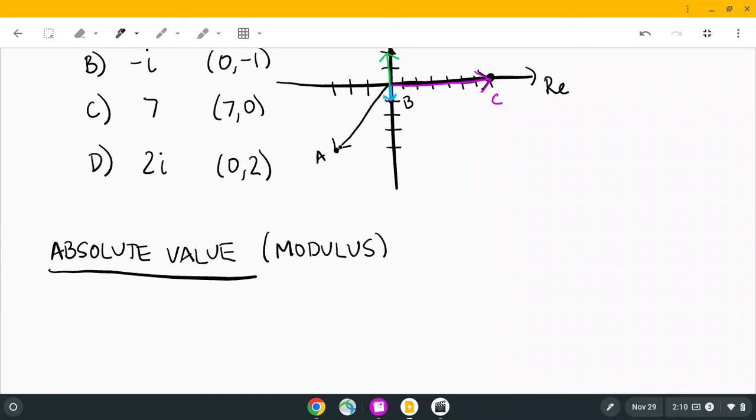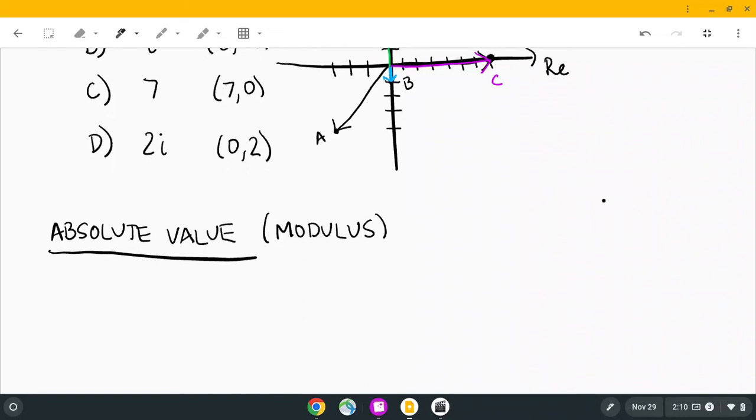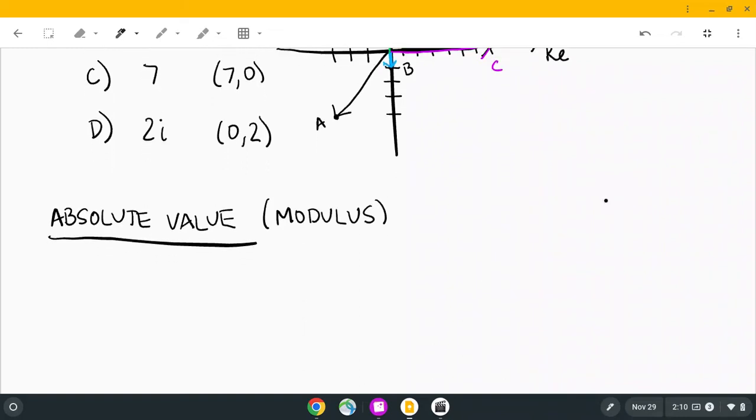So if we look at this complex number A, we want to know how far it is to the origin 0, 0. And so that's where the distance formula comes in. So here, if z is a complex number, x plus yi.